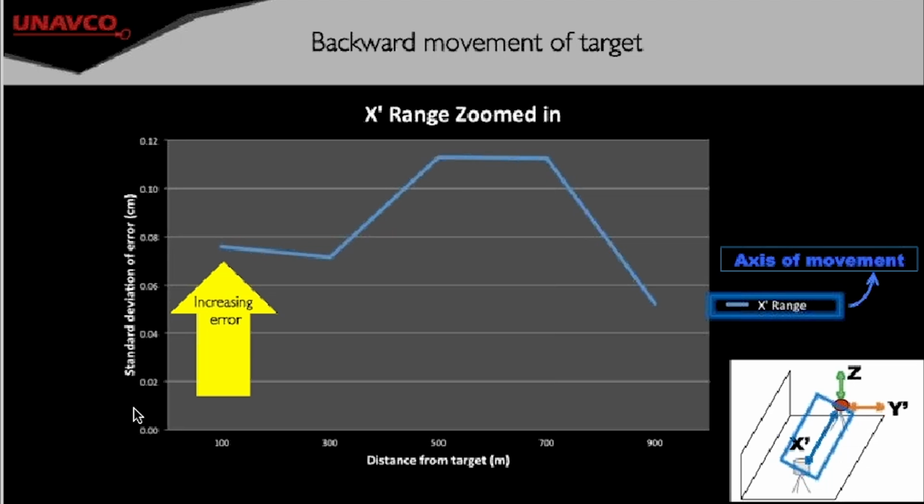So this is a zoomed-in version of the range, and you'll see that it's only about a millimeter off, which is excellent. That is due to the way that the scanner finds the range.